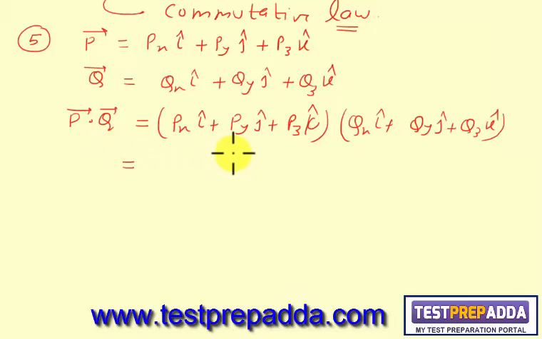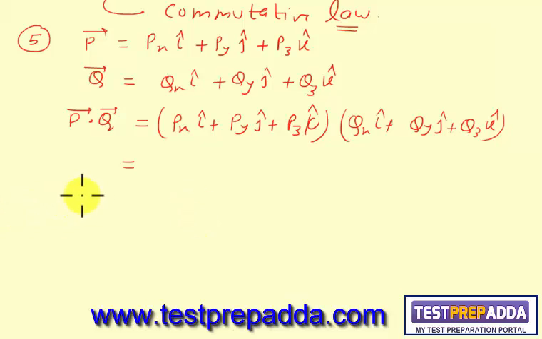In this multiplication, we are going to multiply unit vectors, and i cap, j cap, k cap are mutually perpendicular unit vectors.